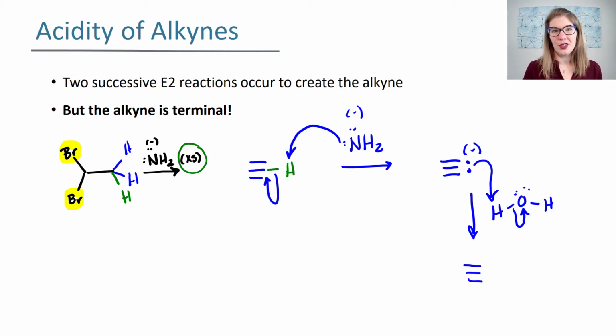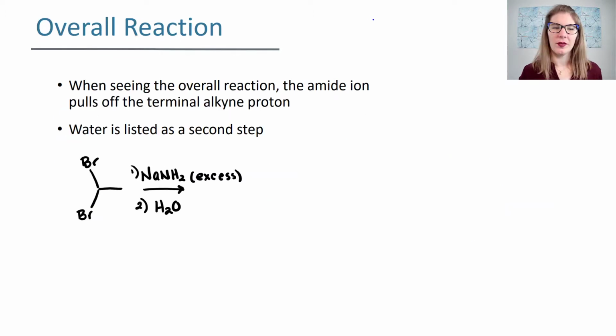We end up with our terminal alkyne at the end. Obviously, this is a special terminal alkyne because both sides have a hydrogen. So you could have the base remove a proton from either side or potentially even both sides of your terminal alkyne. But you remedy that when you add water and protonate whatever negative carbon is still present.